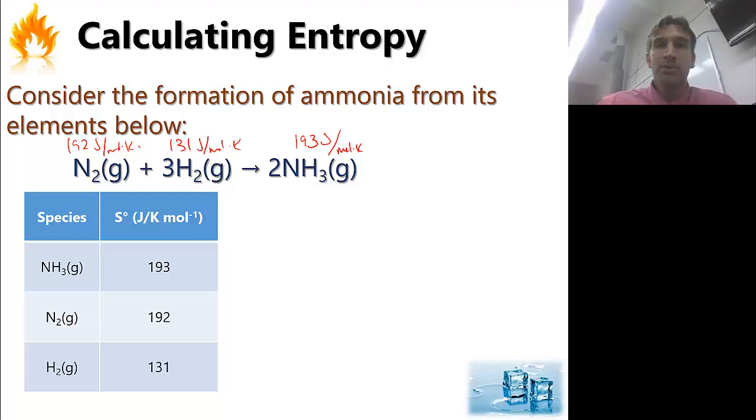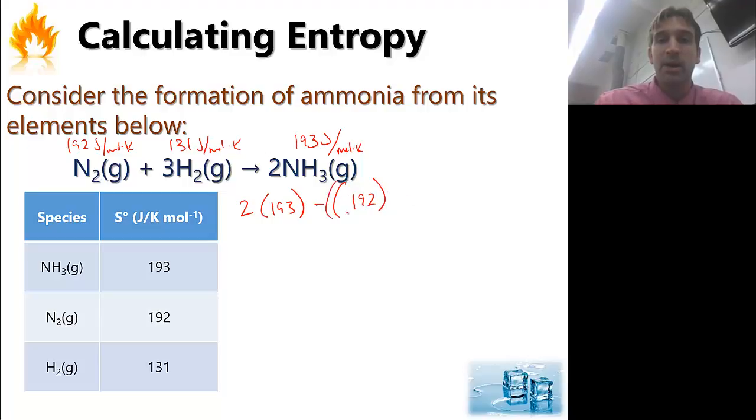If I'm trying to apply Hess's law, what I'm going to do is I will double my product, so 2 times 193. I'm going to leave the units off for now because they're unchanging. I would then subtract away first the nitrogen content, which was 192. It's just times 1 this time.